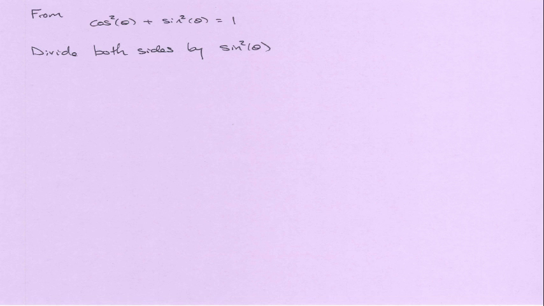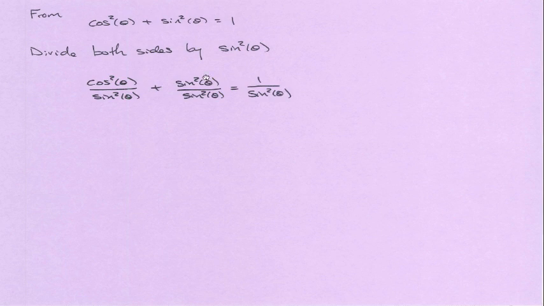For the first one, we divided by cosine squared, and so now let's divide both sides by sine squared. If we divide both sides by sine squared, we have cosine squared over sine squared plus sine squared over sine squared is equal to 1 over sine squared.